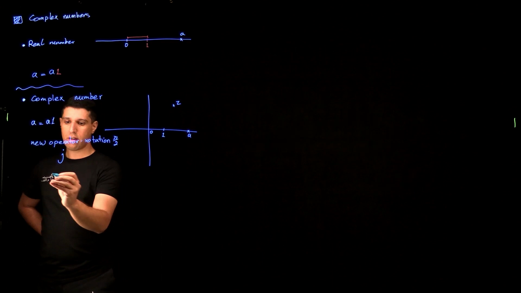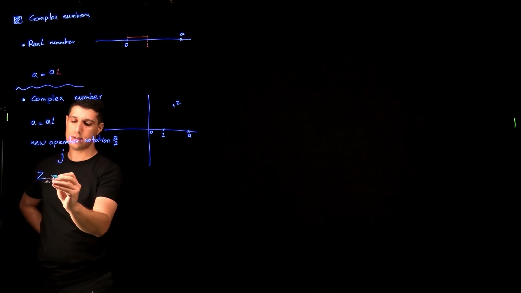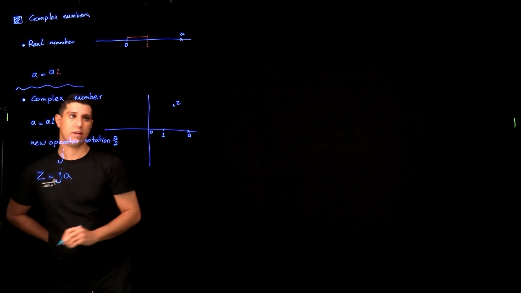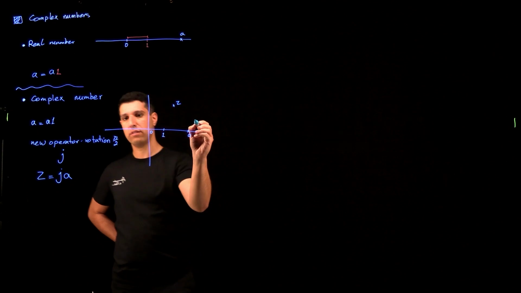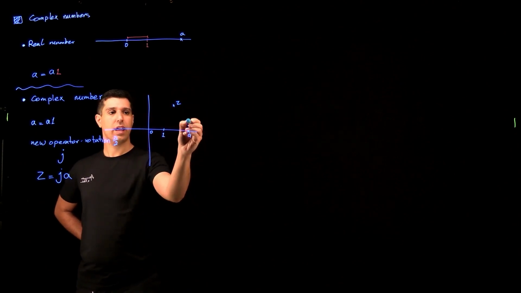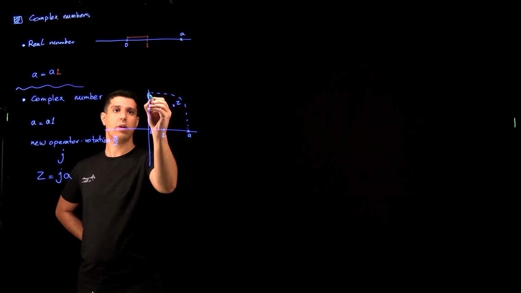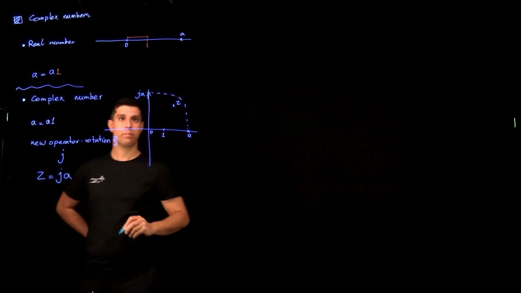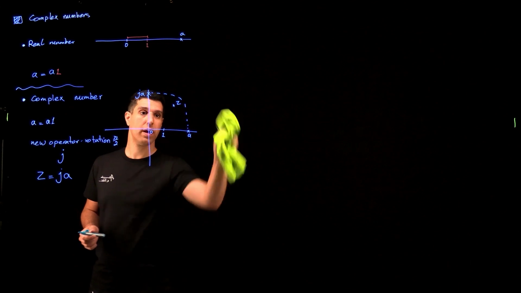So when we have a number, a point on this plane, Z equals JA, it means we are taking this point, rotate it 90 degrees, we arrive at this point, call it JA. This is supposed to be a circular path.